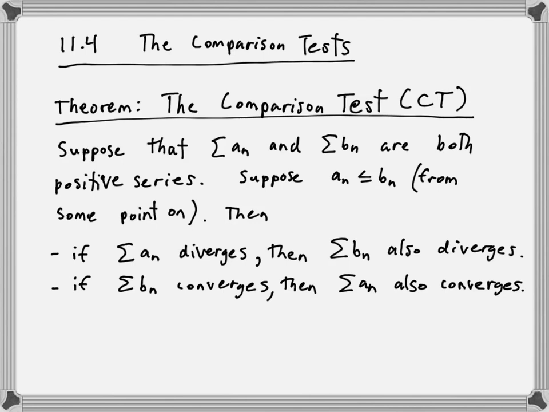So this is the theorem. It says that if you have two positive series and one of them is smaller than the other from some point on, then the bigger one diverging tells you that the smaller one does also, or if the bigger one converges, then that tells you that the smaller one must converge also.